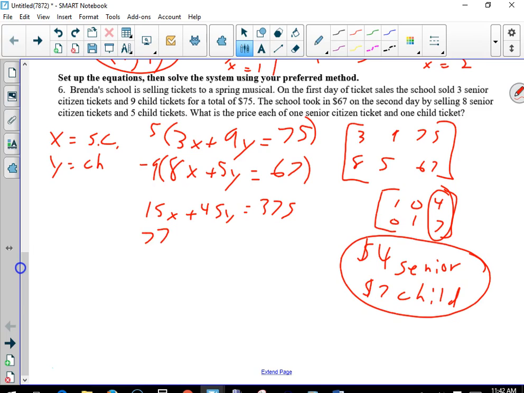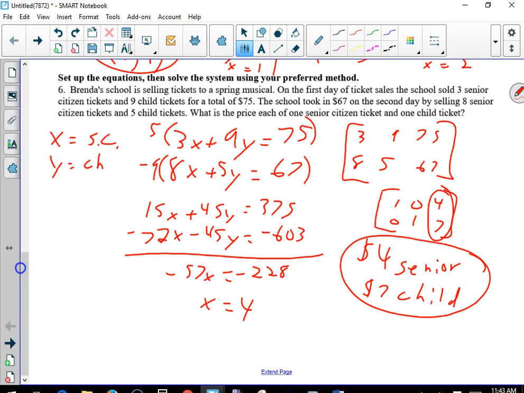Negative 9 would be negative 72. X minus 45y equals negative 603. This gives me negative 57x equals negative 228. Divide, x is 4. Plug it back in, you get your 7. So $4 per senior, $7 per child.